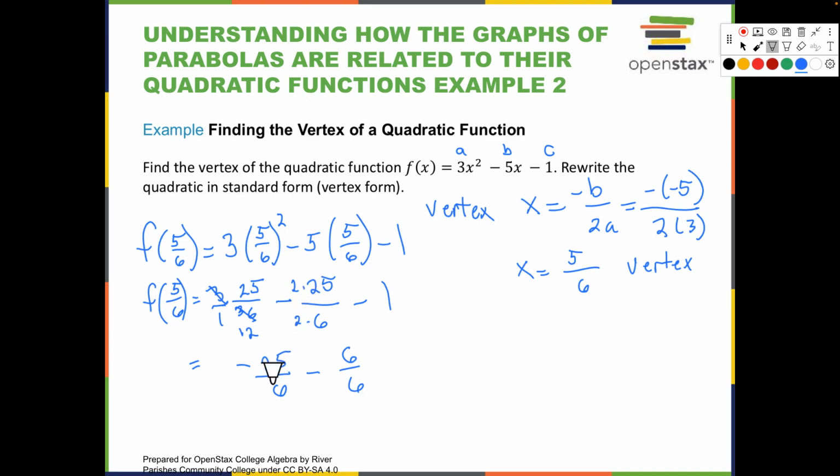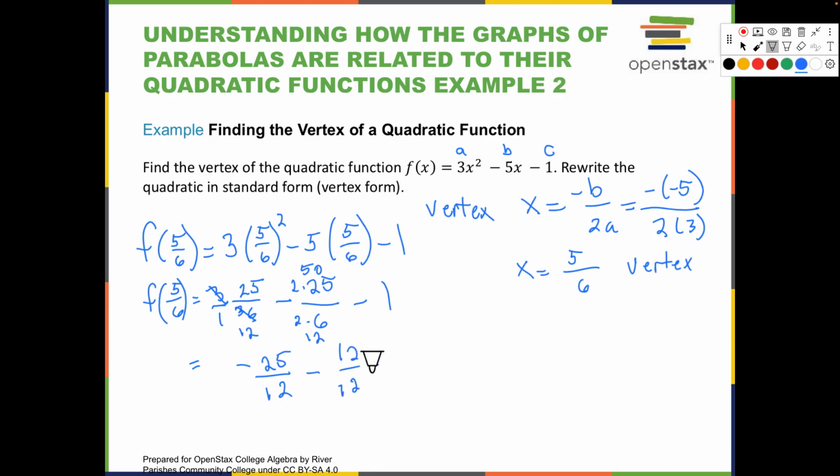Oh, sorry, thank you. I was trying to reduce too quickly. 2 times 6 is 12. So 25 minus 50 over 12 gives us this, and then we're going to subtract 1. You can always write 1 as any number over itself, so let's go with 12 over 12.